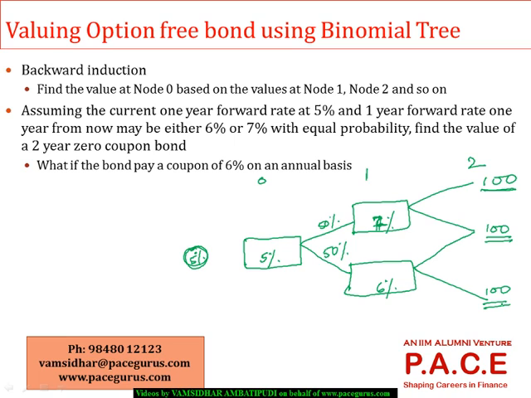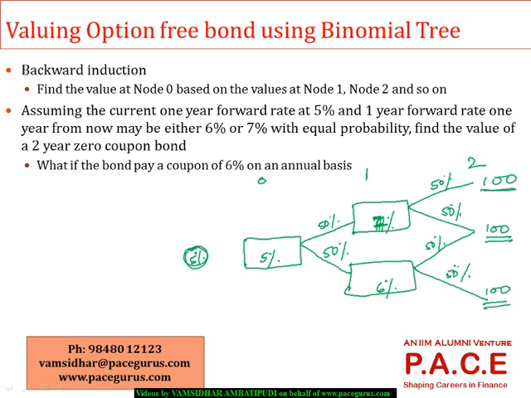So I can find out the present value at the end of year 1, assuming that 7% is the forward rate. Here also I can assume that the chances of upward and downward is 50%. It doesn't matter, because at the end of 2 years, whatever may be the scenario, I will definitely get 100, because this is a zero coupon option-free kind of a bond.